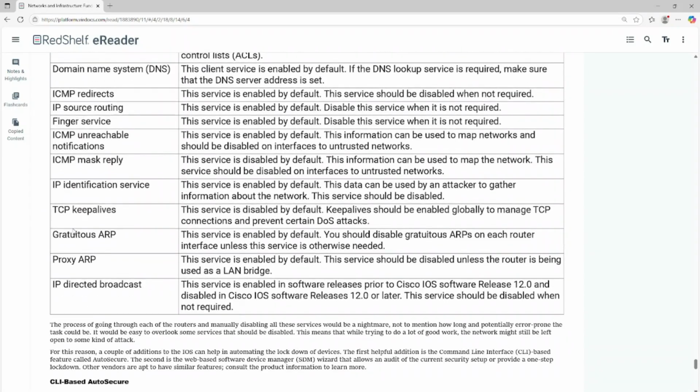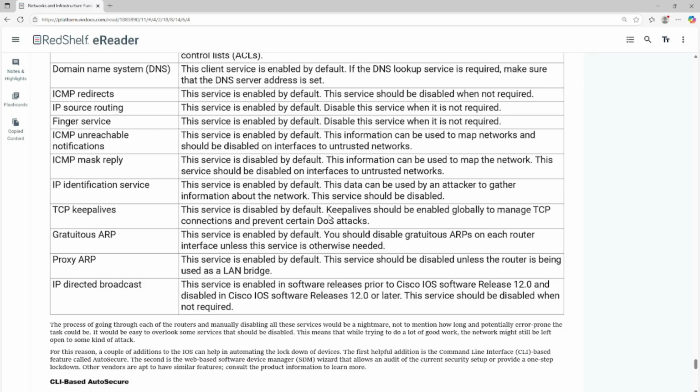Like in this case, the TCP keepalives is disabled by default. But how does it put the network system at risk? It's very simple.